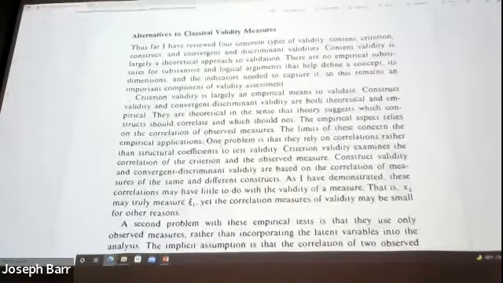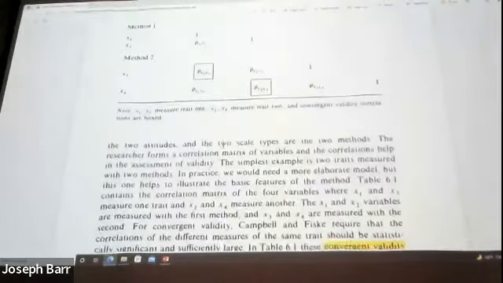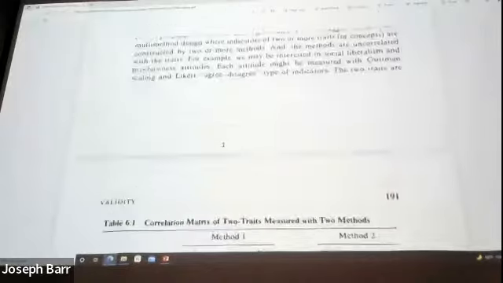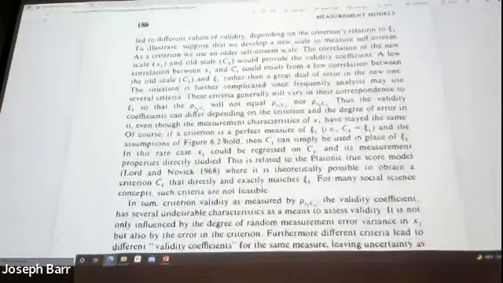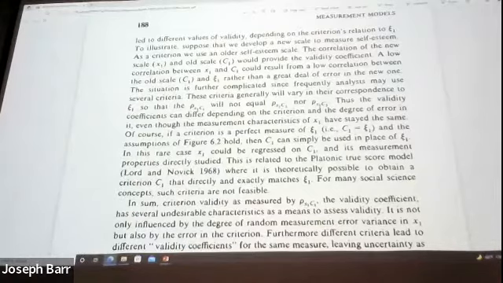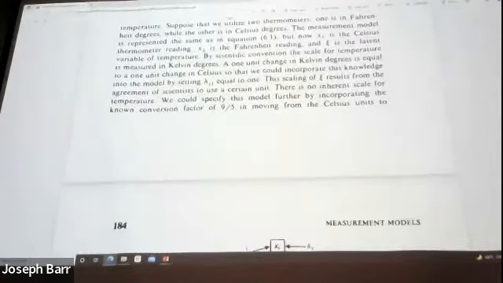You can check the book chapter here. You don't need to cover all of these examples because that's too much. But show me your understanding of validity, because in your future research, you're going to see and report some of these validities. This is one part of our chapter 6.